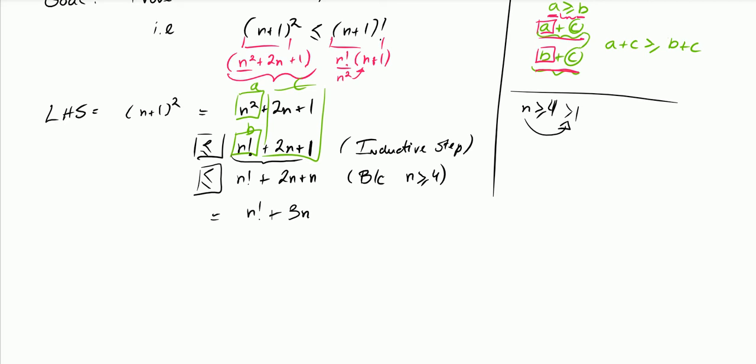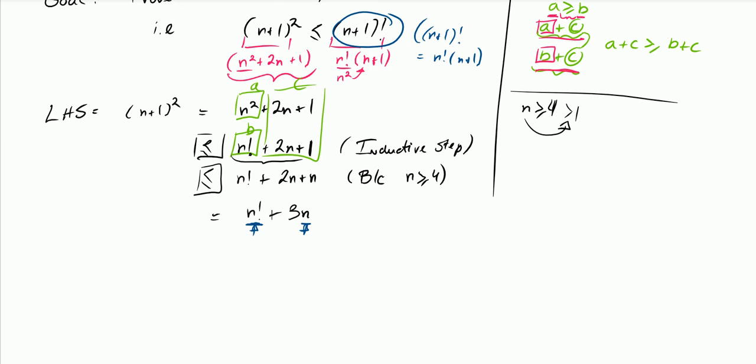Now, remember what I'm trying to get at. I'm trying to get at something that looks like n plus 1 factorial. n plus 1 factorial can be written as n factorial times n plus 1. Well, I have an n factorial here, and I have an n here. So ideally I'd like to get another n factorial, so I could factor an n factorial out of this term and this term and get an n plus 1.